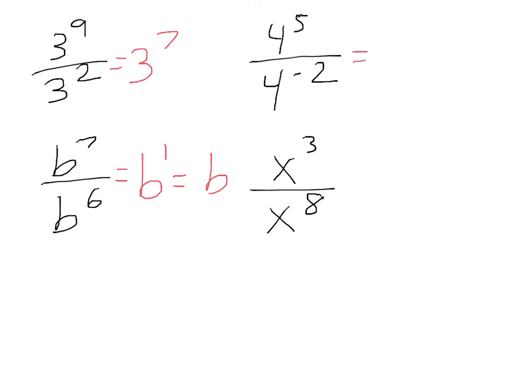Aha, let's see if you're really paying attention. 4 to the 5th over 4 to the negative 2nd is 4 to the 5 minus negative 2, which is really 5 plus 2, so this should have been 4 to the 7th. Did you get that one right? I thought you did. Here, when I do this one, I'll do 3 minus 8, but that gives me negative 5, and of course we know no negative exponents, so it should be 1 over x to the 5th. Hopefully you were able to get that one correct as well.